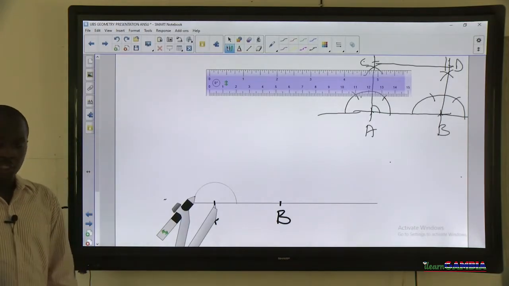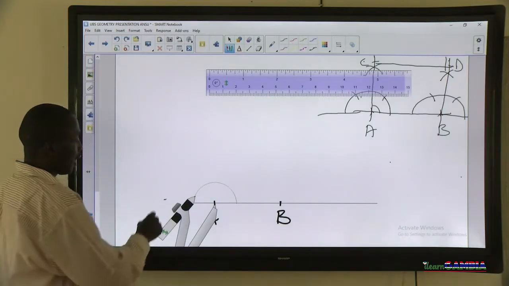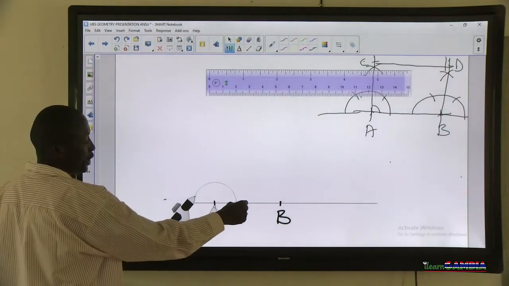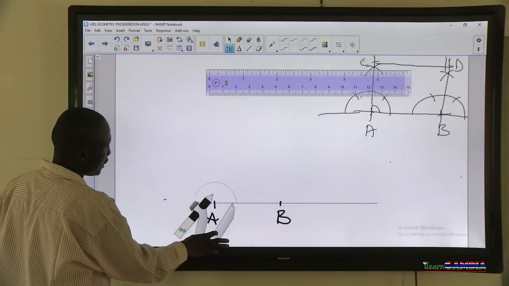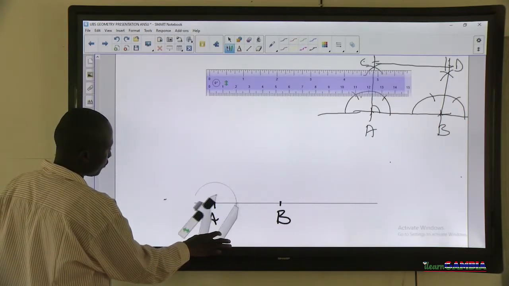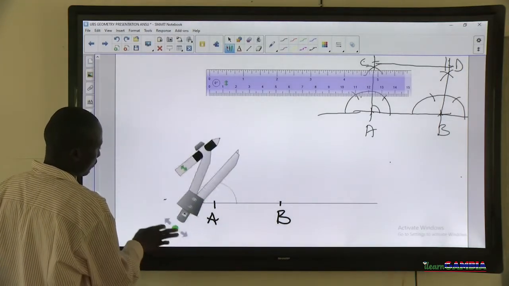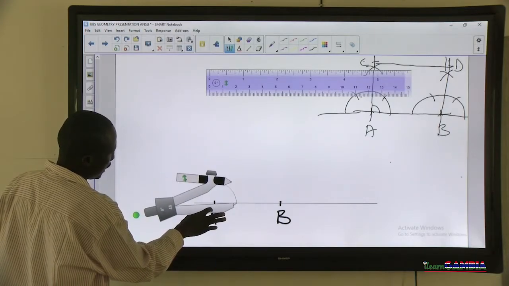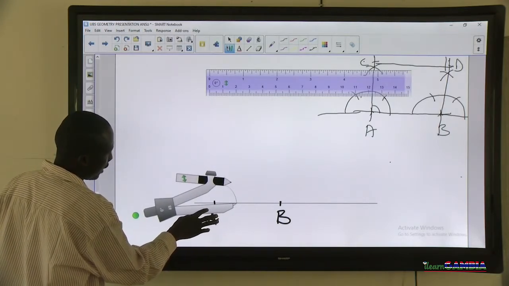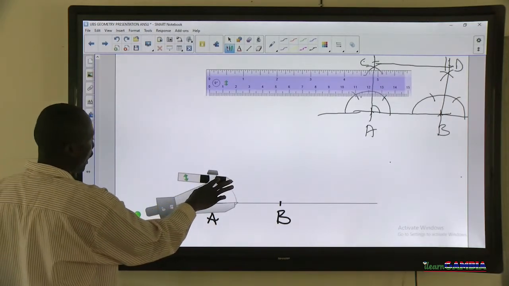I don't have to change it. The arc that I have just drawn has intersected the line AB at a point. You put the compass point at the point of intersection of the arc and the line, and you draw another arc.